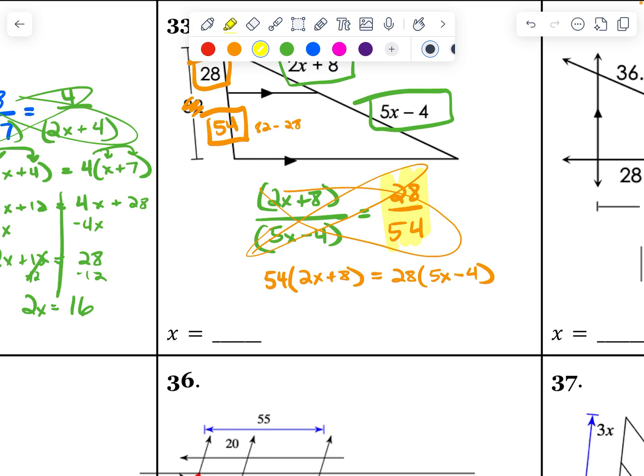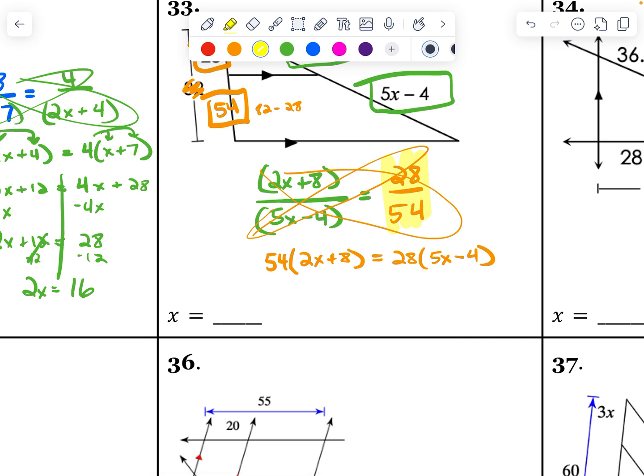It might make your math a little easier, but it doesn't matter. If you don't want to do it, you don't have to do it. So here I go. 54 times 2 is going to be 108x plus 54 times 8, 432. 28 times 5, 140x minus 28 times 4, 112. Just big numbers to work with, but it doesn't matter.